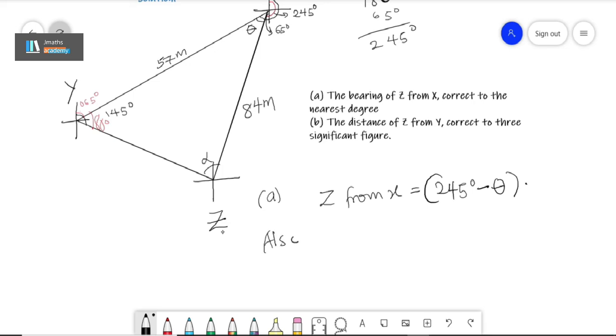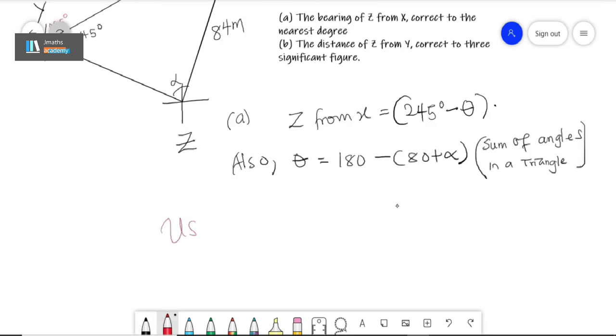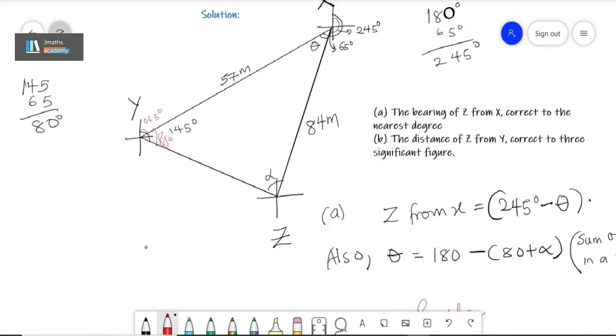Also, we know our theta to be equal to 180 minus 80 plus alpha. This is the sum of angles in a triangle. So now, using sine rule to solve the problem, we have here to be small z, and we have here to be small y, and we have here to be small x.